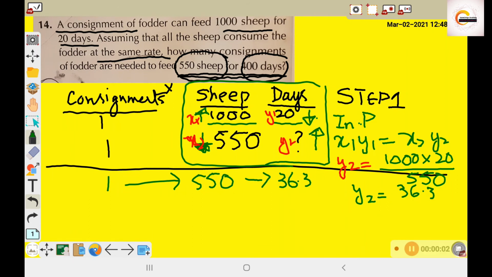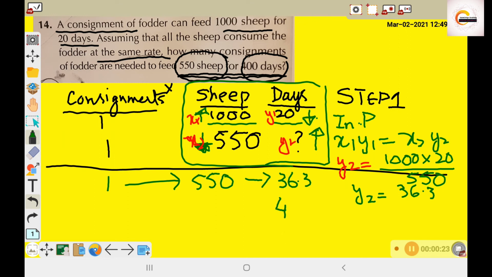Now for the next step, we have already established one consignment can feed 550 sheep in 36.3 days. Now we have to find out how many consignments are required for 400 days.